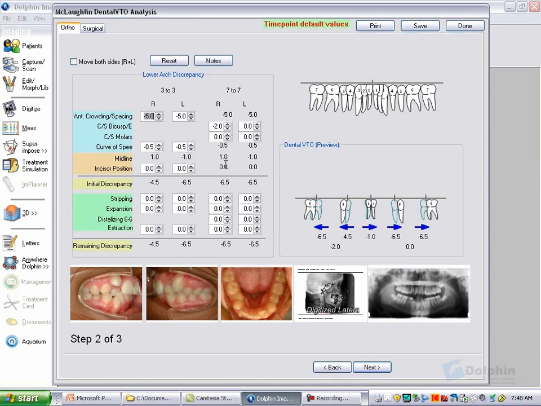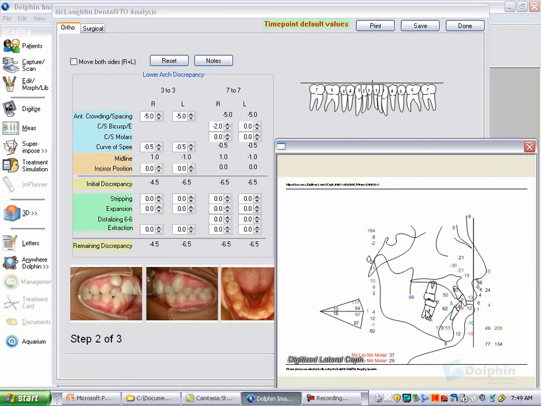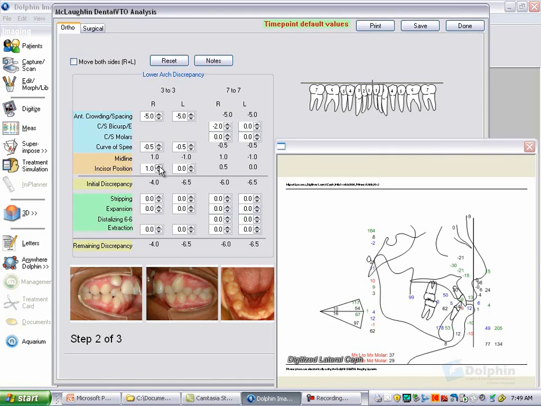So now what we have to this point is really diagnostic information in chart 1 and chart 2 down to midline. And now we're at incisor position. This becomes treatment planning information, and we know from our head film we were very satisfied with lower incisor position. We don't need to retract the lower incisors or advance the lower incisors. If we were going to advance the lower incisors a millimeter, for example, we would click on the +1.